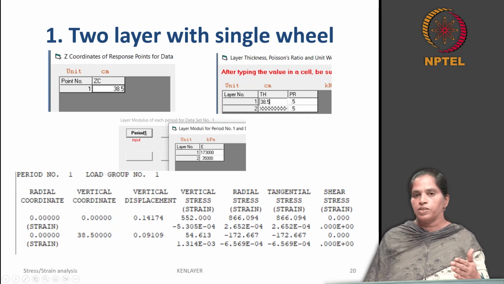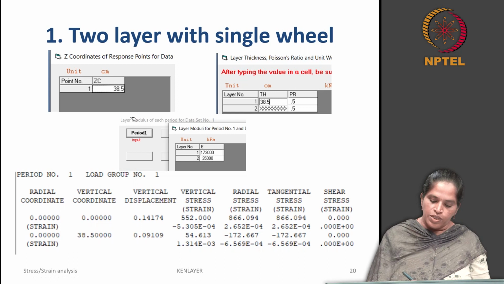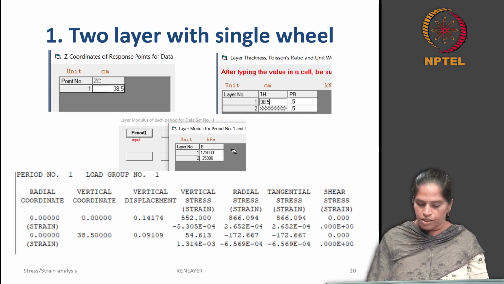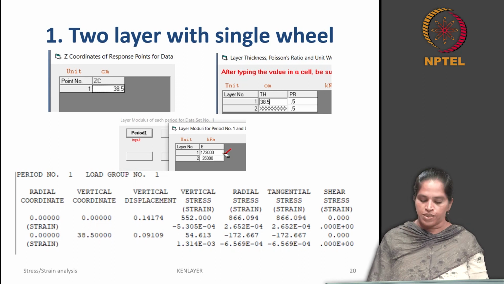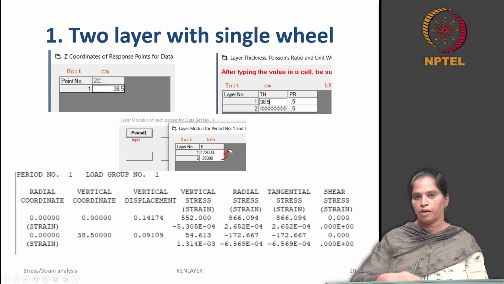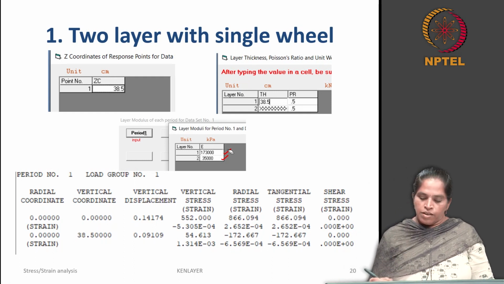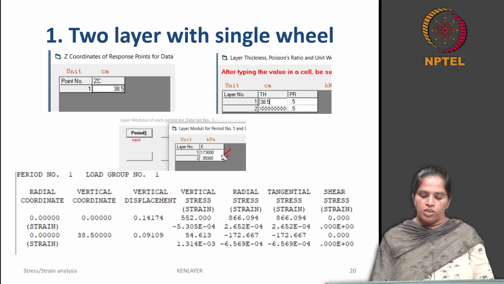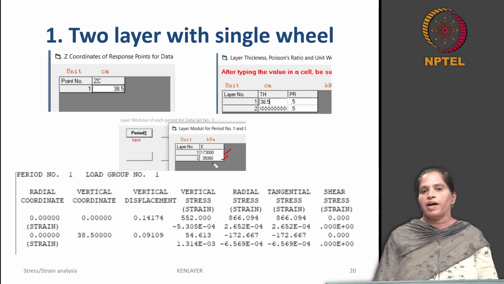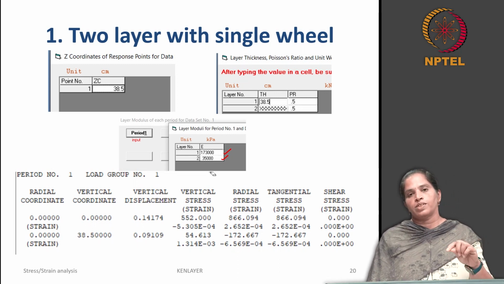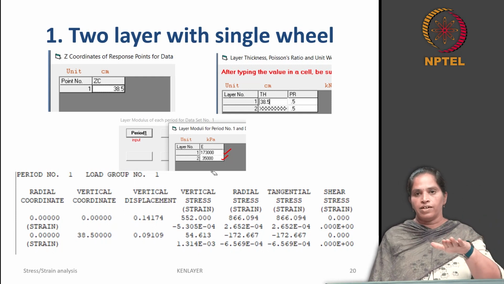One parameter you need to change is the modulus value. The first layer modulus is 173 megapascal and the modulus of the second layer is the same 35 megapascal. So one input which you need to change is the modulus, and you need to find the stresses and strains exactly at the layer interface.